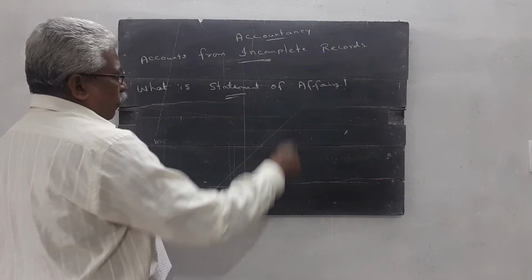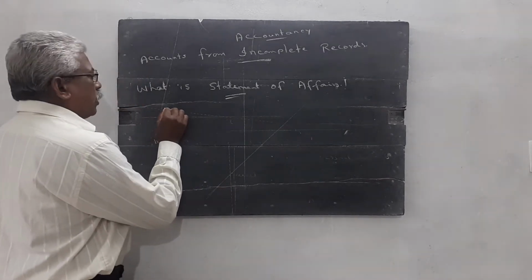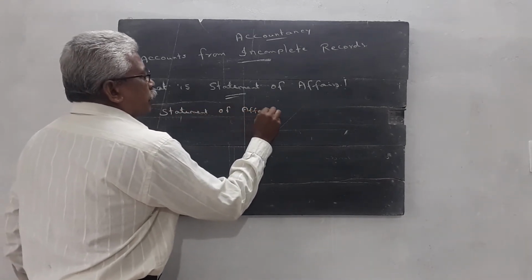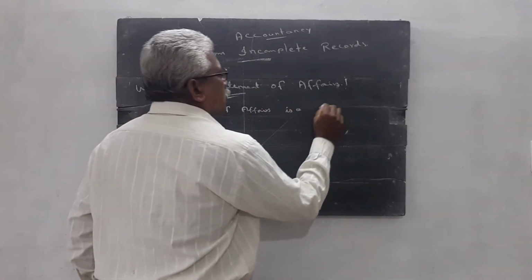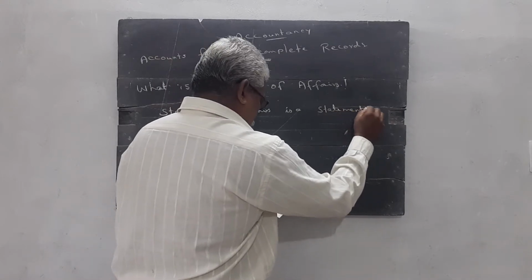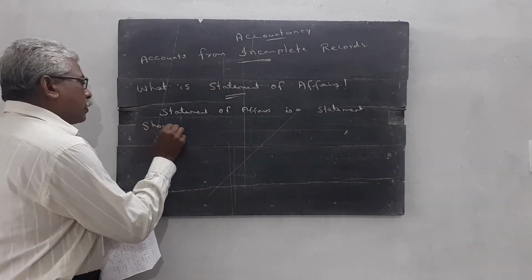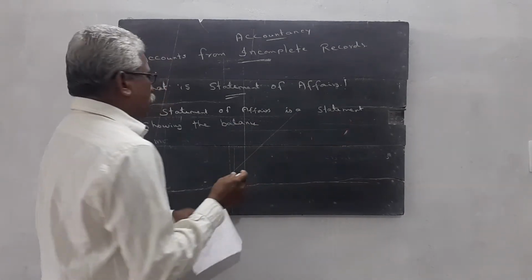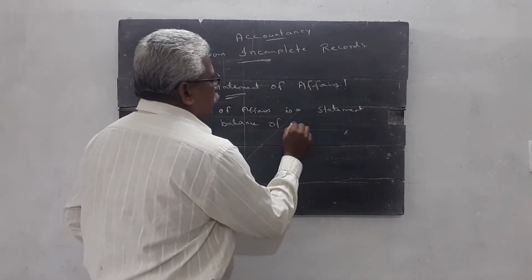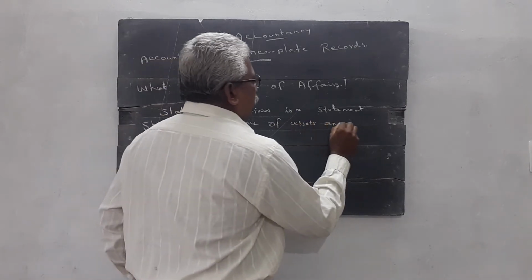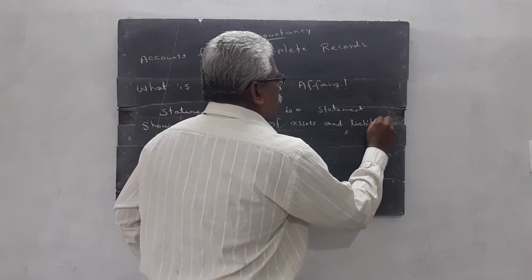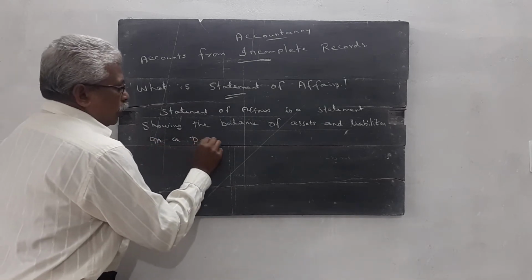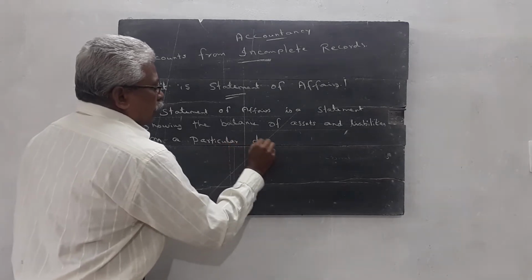So, what is statement of affairs? Statement of affairs is a statement showing the balances of assets and liabilities on a particular date.